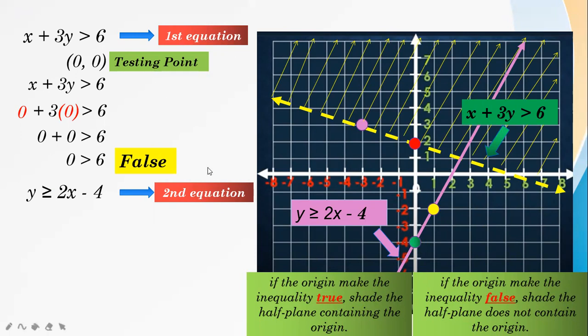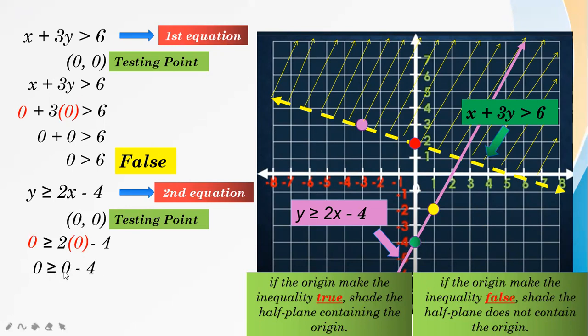Next, we have the second equation. Again, we have the testing point, 0, 0. So your y is 0 and your x is 0. And then simplify: 0 greater than or equal to 0 minus 4. Then we have 0 greater than or equal to negative 4. And the statement is true, wherein 0 is greater than or equal to negative 4.